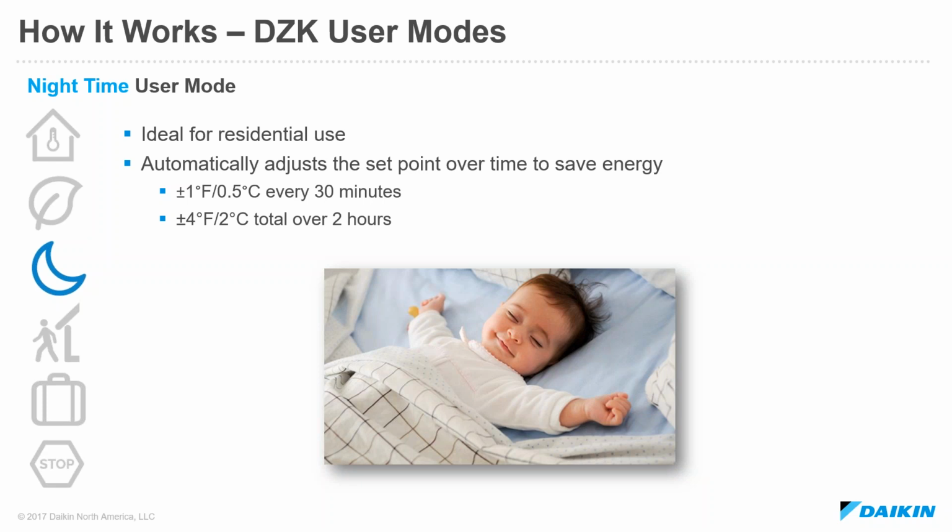So ultimately, in cooling operation, you'll raise the target set point by 4 degrees over 2 hours. The idea is that we'll slowly allow the system to drift to these more energy efficient set points, ideally after the homeowner has already gone to sleep.